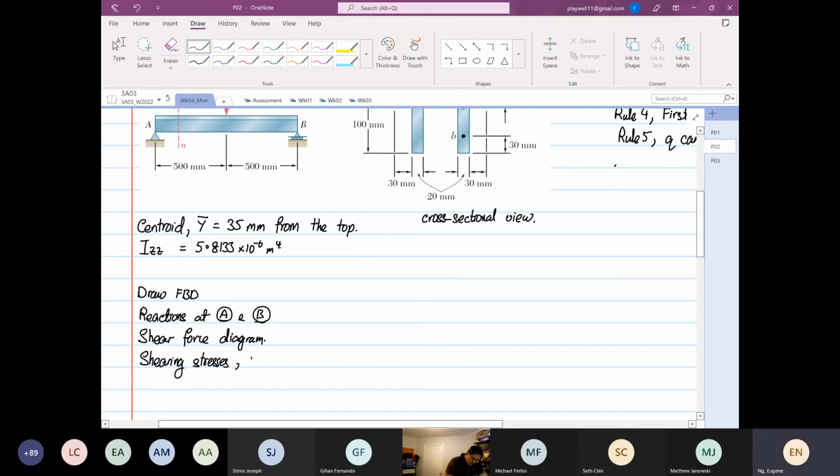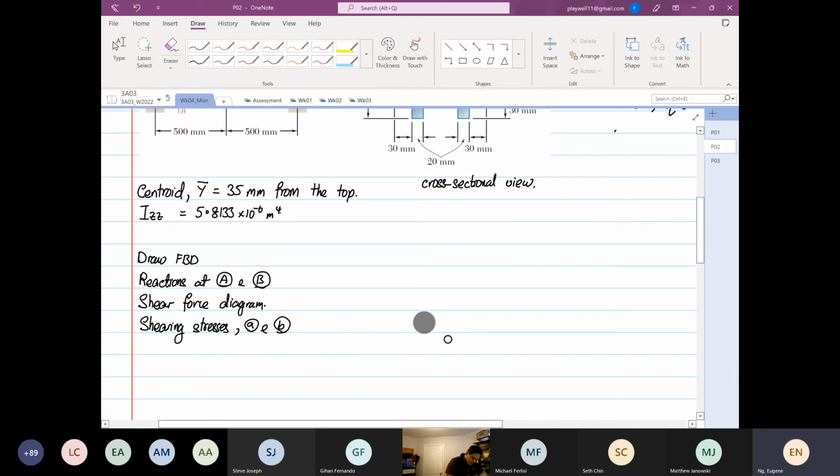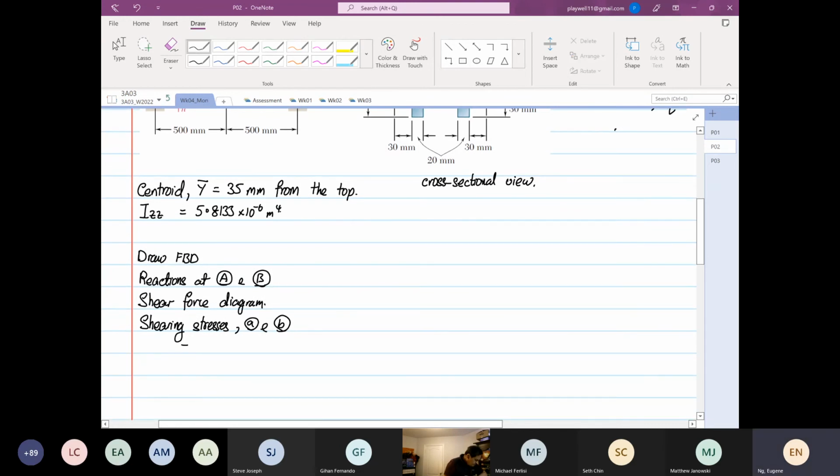At point A and point B, to determine the shearing stress, we have to calculate the first moment of area for point A and for point B. And then I'm going to do an extra thing, so probably we will finish this example on Wednesday: the shear stress distribution equation.